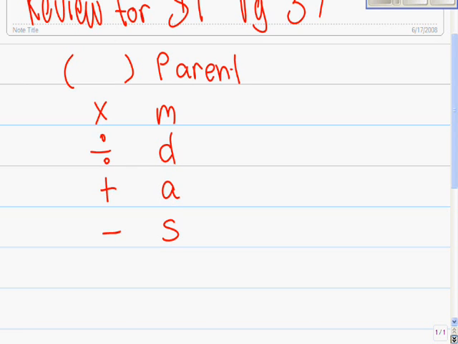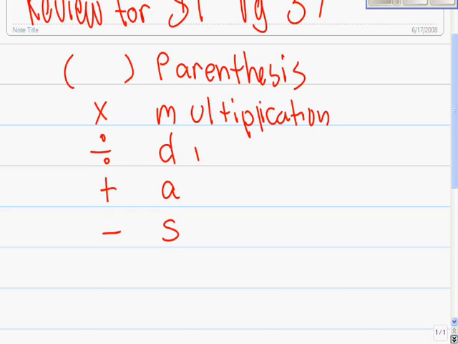Parentheses, multiplication, division, addition, subtraction.